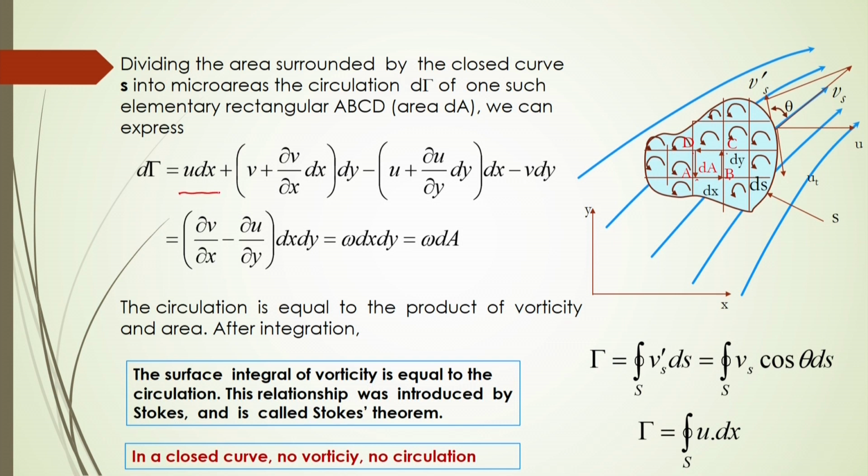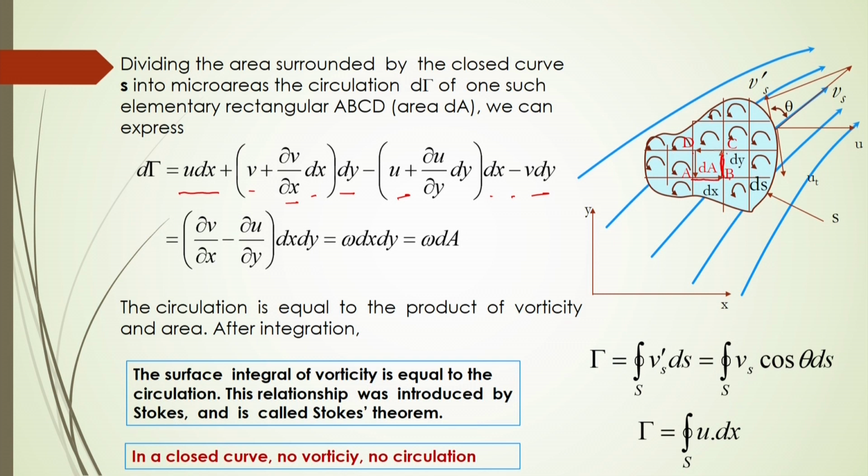we can express d gamma as equal to u into dx plus v plus dou v by dou x into dx into dy minus u plus dou u by dou y into dy into dx minus v dy. That means in this direction it is u into dx, and in this direction it will be v plus dou v by dou x into dx, because this velocity changes with respect to x, and into dy.